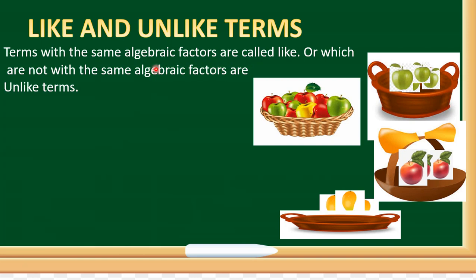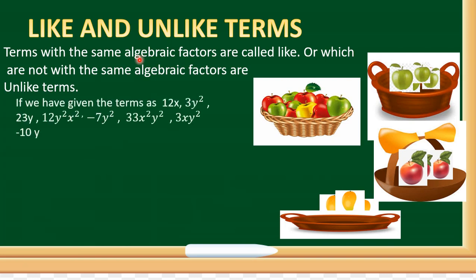Here the meaning of the same algebraic factor is that two terms having the same variable with the same exponent are known as like terms, and terms having different variables are known as unlike terms. So let us understand this by an example.